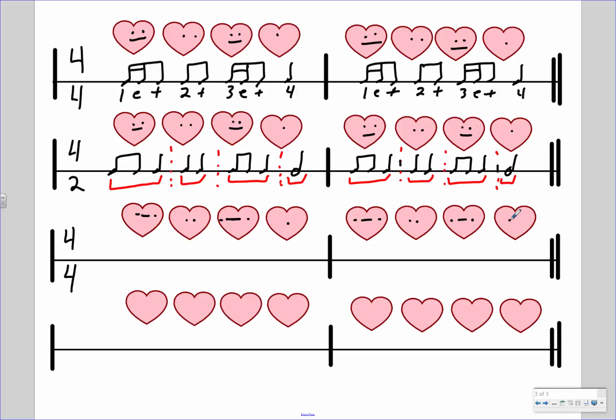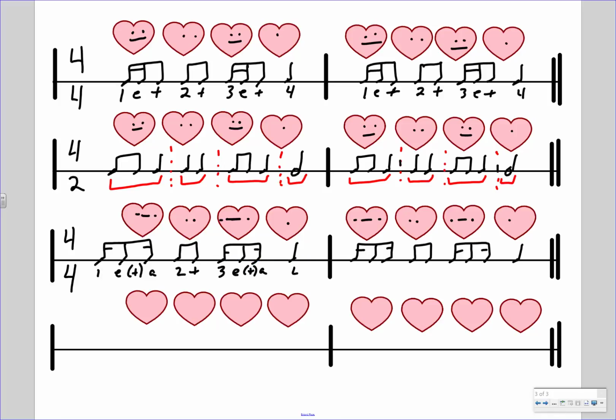Ready and go. Listen to it again. Ready and go.